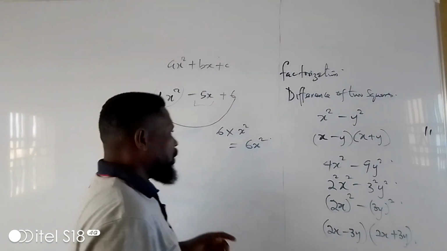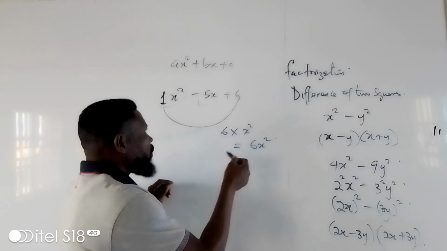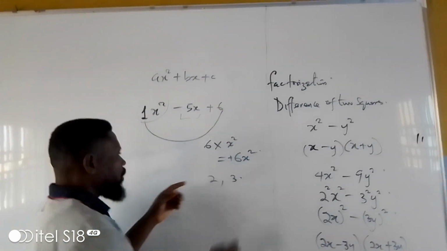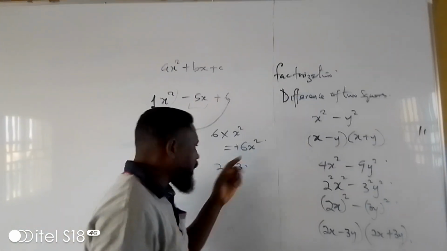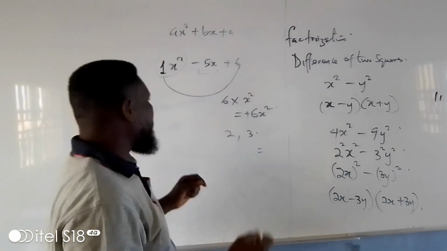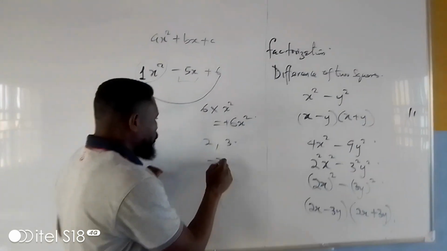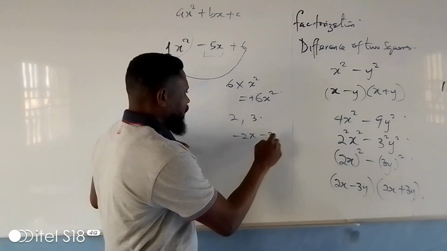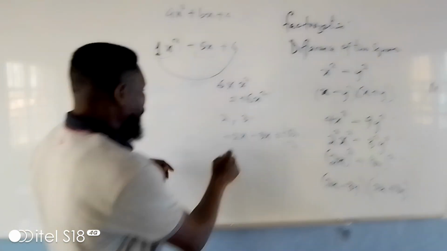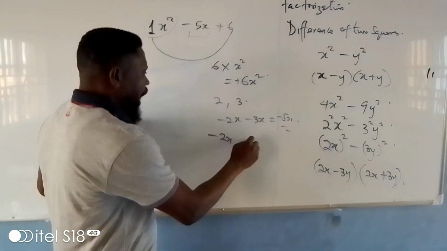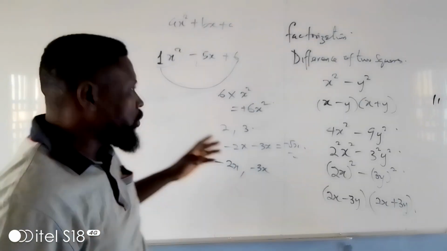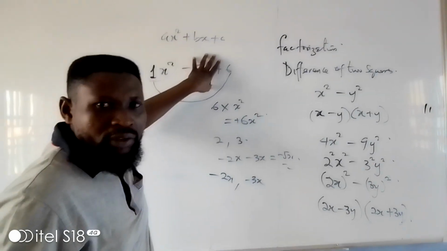First of all, we can look at 2 and 3. 2 times 3 will give us 6, and minus 2x minus 3x will give us minus 5x. Now, you can see that the two factors which we have chosen, minus 2x and minus 3x, are the factors that we are going to use to factorize this expression.